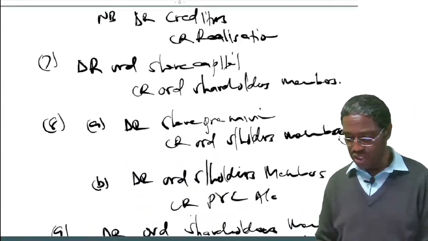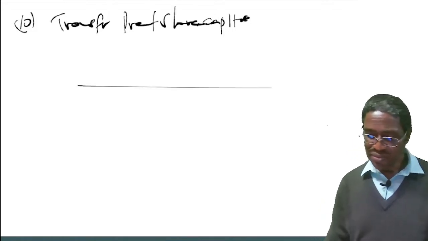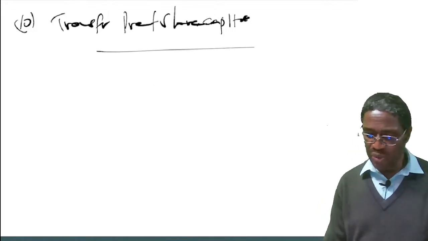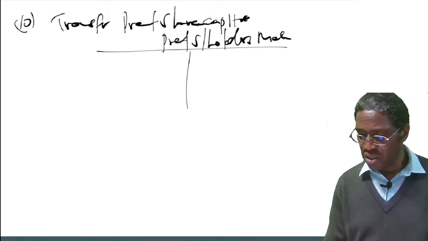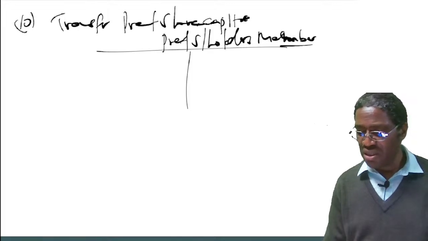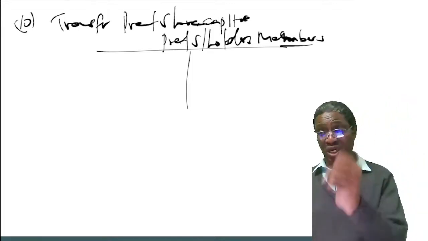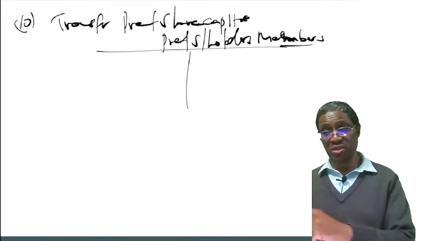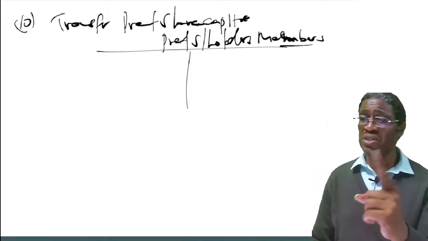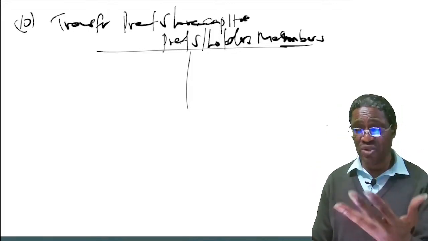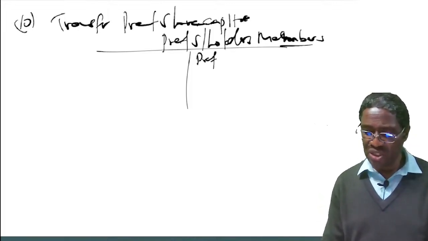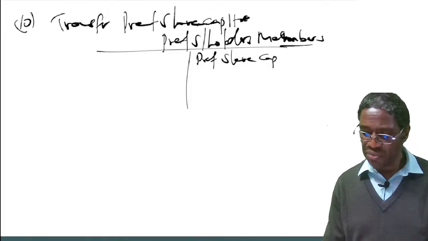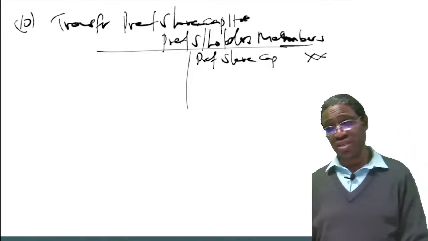It's a liability account where I combine everything I owe to them into one account so that I don't pay them in piecemeal. So I debit preference share capital to close it, and I credit this account. That's our step number 10.